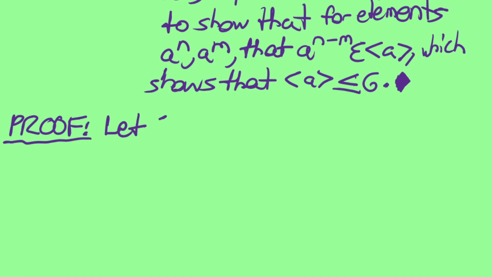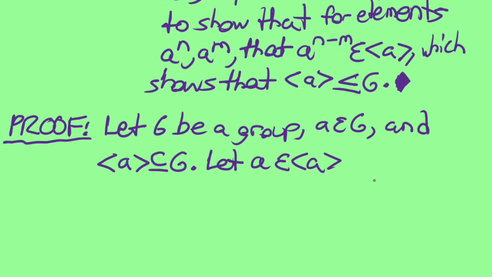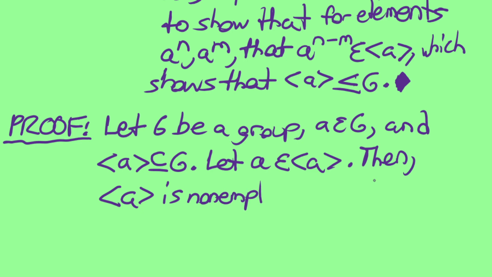So let's let G be a group, A be an element of G, and this set of A be a subset of G. Let A be an element of our set A. So then our set of A is non-empty.